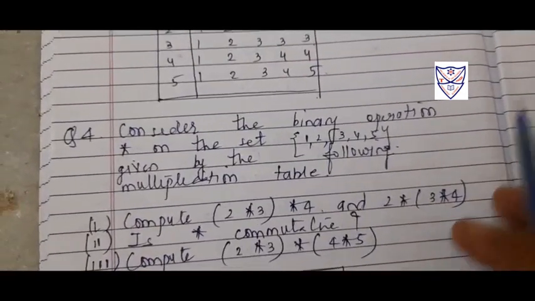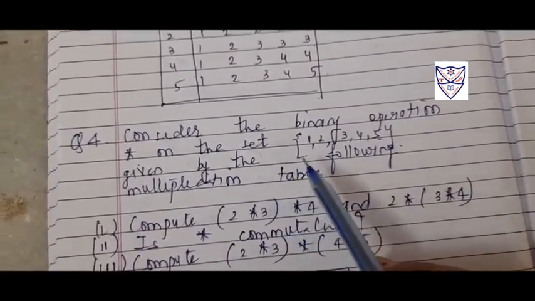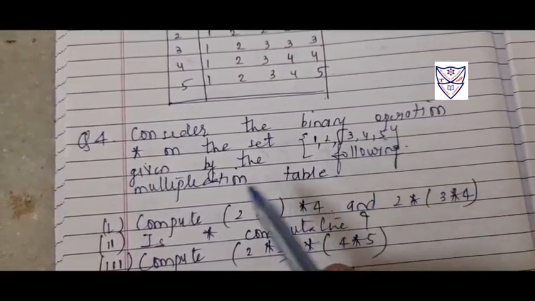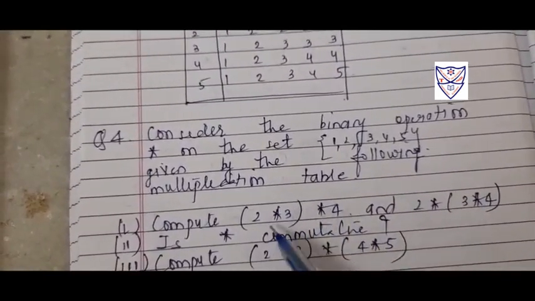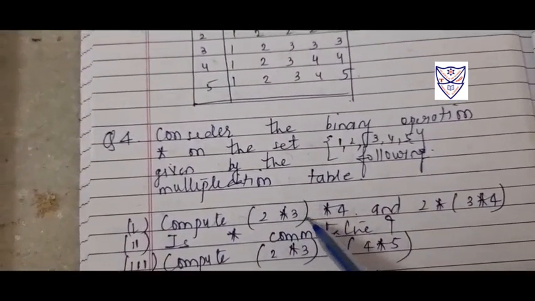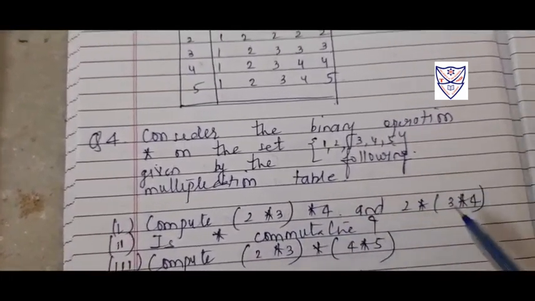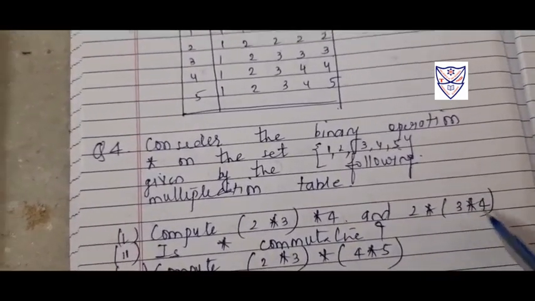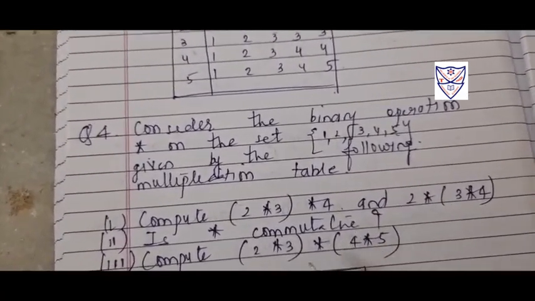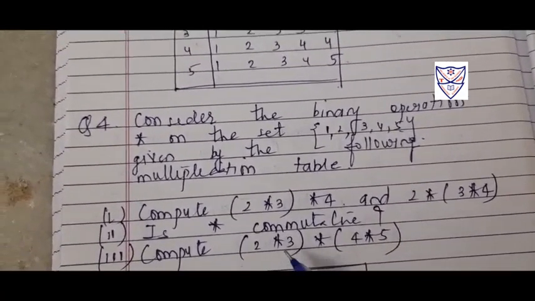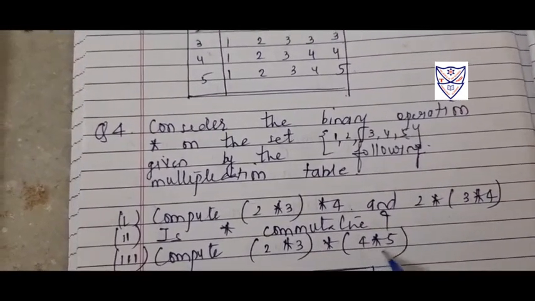Number 4. Consider the binary operation on the set {1, 2, 3, 4, 5} given by the following multiplication table. We have to compute (2 star 3) star 4 and second, 2 star (3 star 4). Is it commutative, that is, is the binary operation star commutative? Then we have to compute (2 star 3) star (4 star 5).